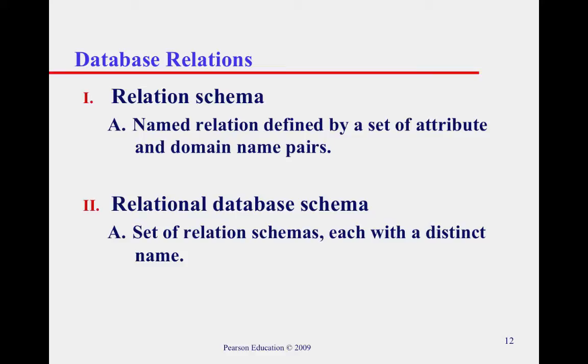So that's the DDL description of it. Okay, so when we create a relation, we give it a name and we give it a set of attribute domain pairs, and then we say that a relational database schema is a set of these relation schemas.